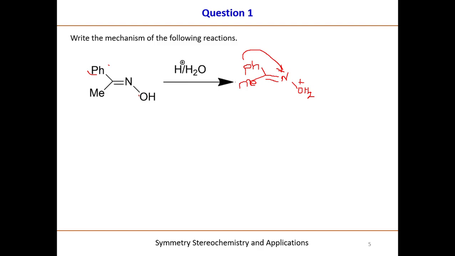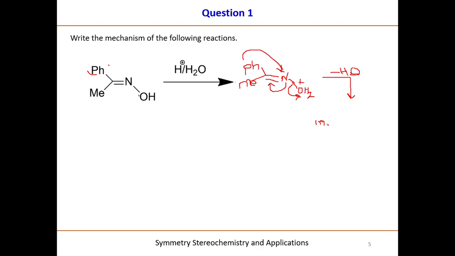So here the phenyl group will migrate over to the nitrogen atom, and H2O will leave here, and nitrogen will form a pi bond with this carbon atom. So here I am writing the product minus H2O. Here methyl, because the phenyl group has migrated.